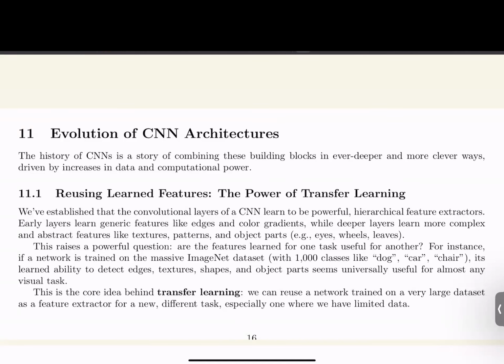For instance, if we have a network that is trained on a very, very large data set, which requires a lot of training and a lot of resources, for example, a data set like ImageNet that has 1,000 classes like dog, car, chair, and so on, the ability of this CNN that detects edges, textures, shapes, and eventually objects can be reused in another neural network.